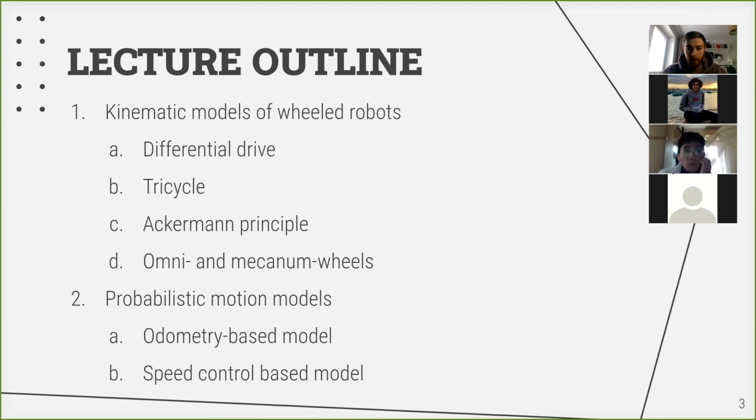We will discuss differential drive, tricycle. We will also talk about Ackermann steering principle, and we will shortly discuss Omni and mecanum wheels, which are really interesting types of robot wheels. And the second part of the lecture will be dedicated to probabilistic motion models. And we will discuss 2 major types of such motion models.